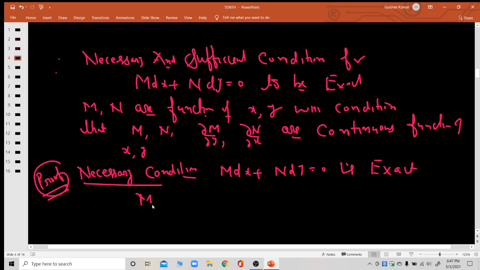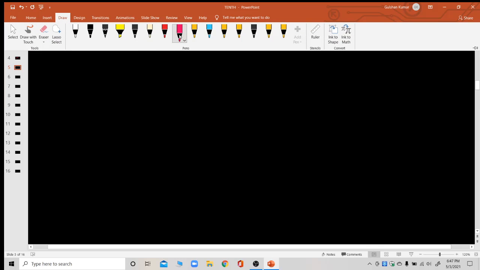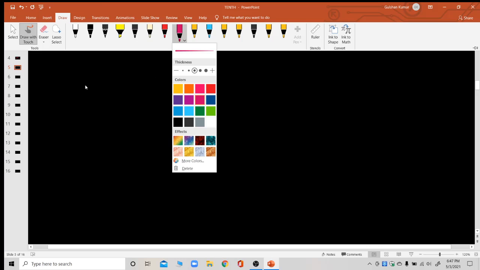By definition, there should exist some function u, where u is a function of x and y, such that M dx plus N dy is equal to du.